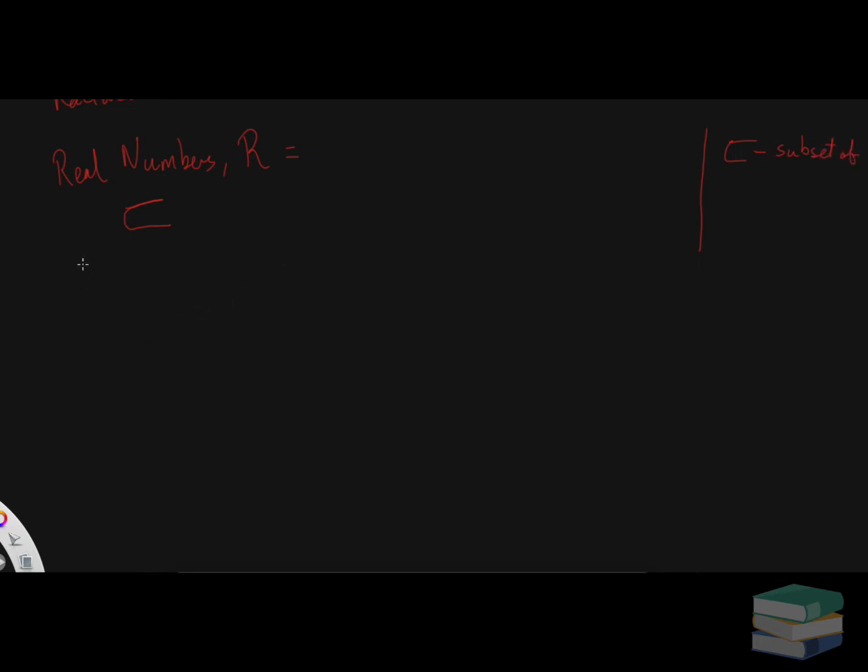So actually using this, we could say that natural numbers is a subset of whole numbers, and whole numbers is a subset of integers, and integers is a subset of rational numbers. Rational numbers is a subset of real numbers.